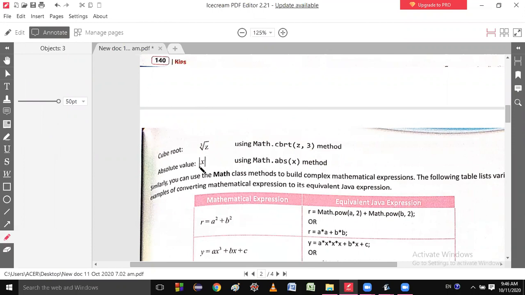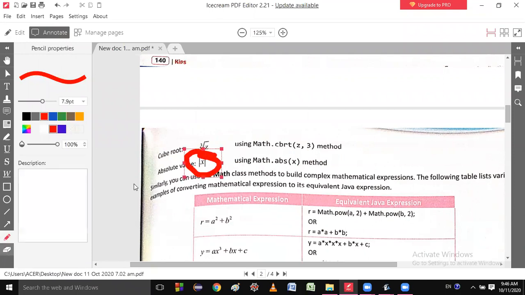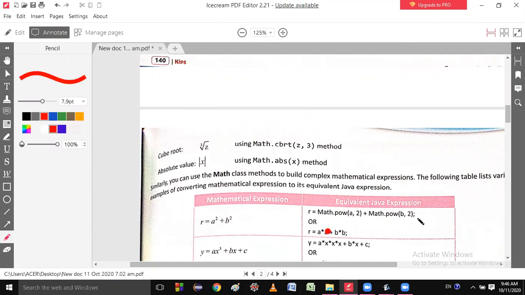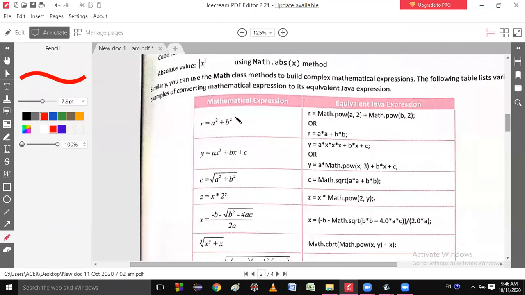Next one, mod x. So Math dot abs, and you will pass x. This is mod x, meaning absolute value. Is it clear? Yes. Next one, if someone says solve this mathematical expression in Java, you will write r equal to a multiply a plus b multiply b.